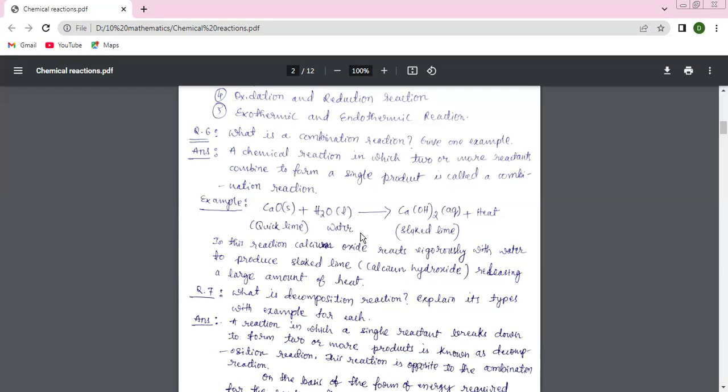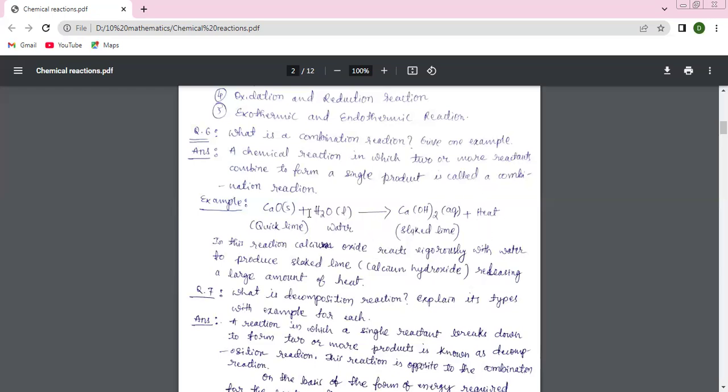And these two reactants form a single product. You see, this is a single product. So calcium hydroxide is formed, which is also known as slaked lime, and this equation leads to generation of some heat energy in this way.